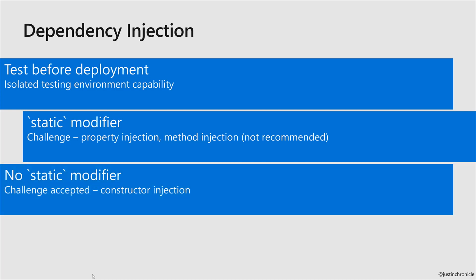And the good thing is recently, in January, the Azure Function team removed the static modifier. So we can start using constructor injection. It was very good news. But from March, they actually disabled that feature again.